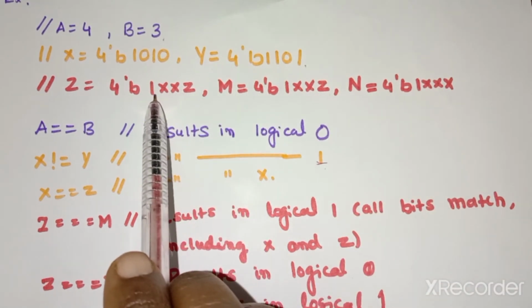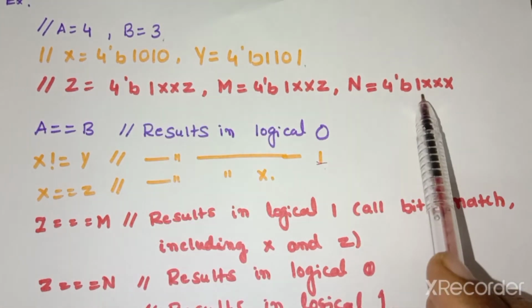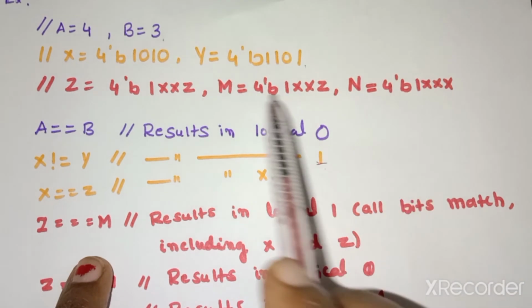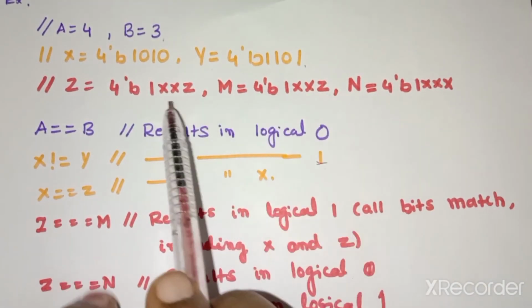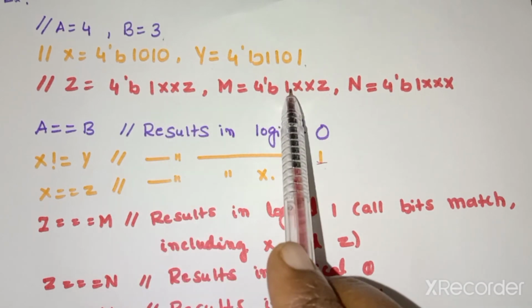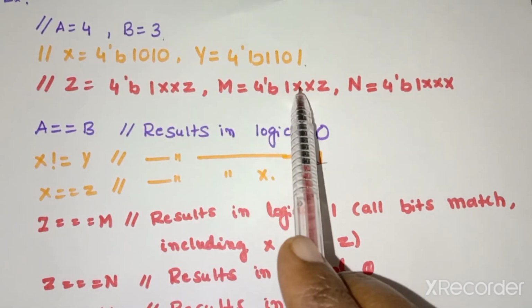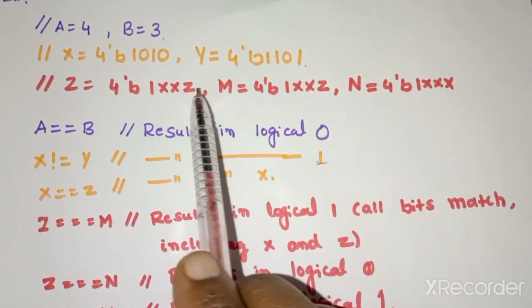It is going to check bit by bit. That means this one is checked with this. Z is equal to m, we have to do. Z is this one and m is this one. This one is compared with this, both are same. This x is compared with this x, both are same. This x, same.